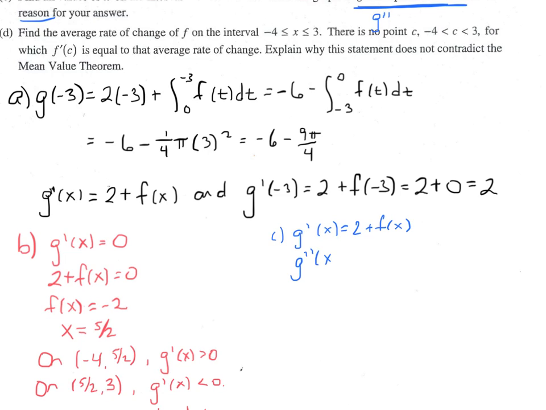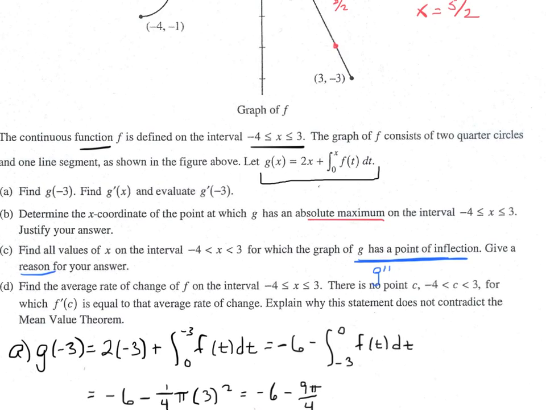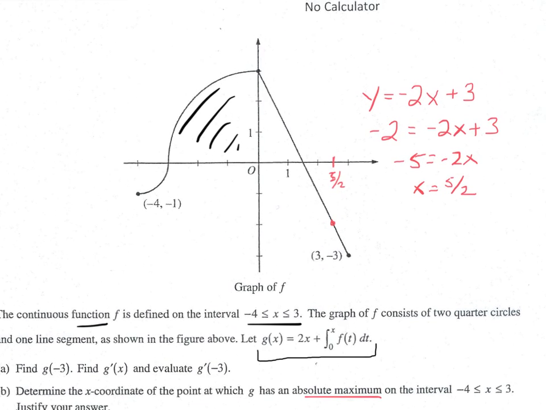So g double prime is equal to f prime of x. So if we want to know where g double prime changes sign, we need to take a look at where f prime changes sign. Now here's a graph of f. If f prime is changing sign, that means that our function f is changing from increasing to decreasing, or from decreasing to increasing. And now that only happens once at x equals 0.